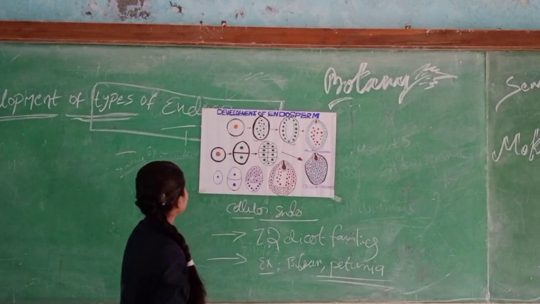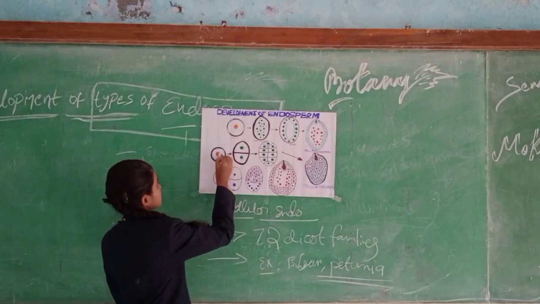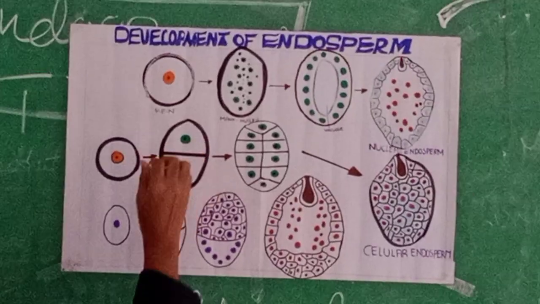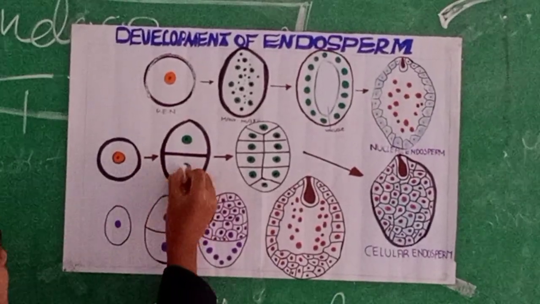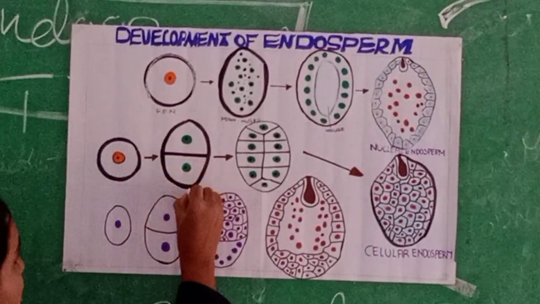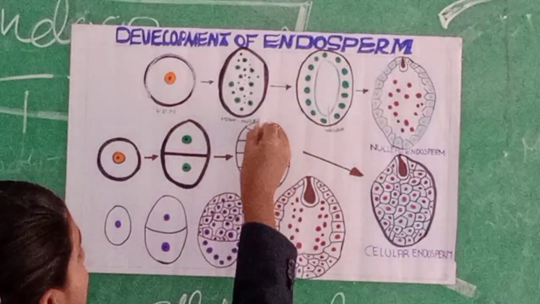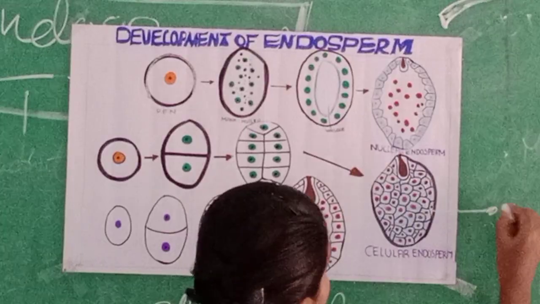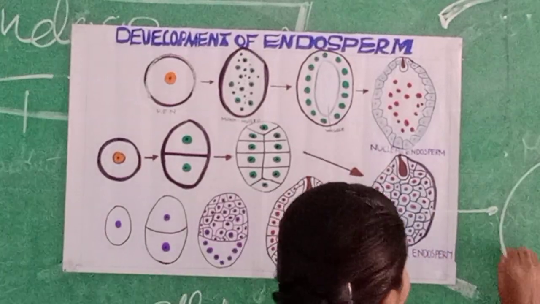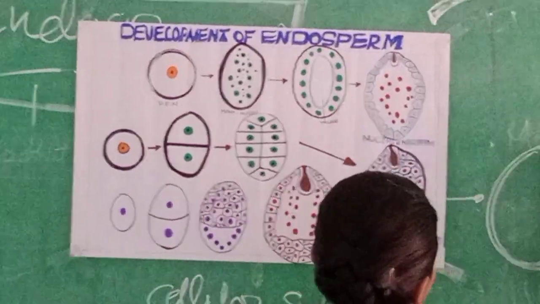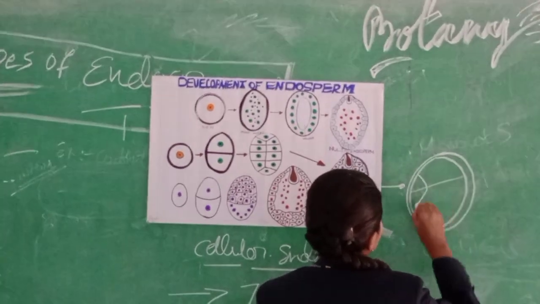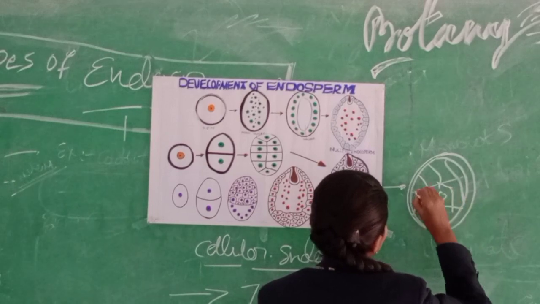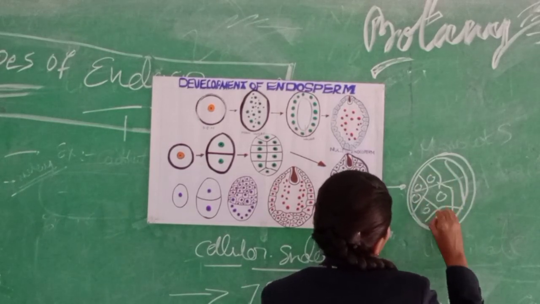Now what happens in the cellular type? There is a primary endosperm nucleus which undergoes free nuclear divisions, followed by cell wall formation, and further forms cellular endosperm. See, this is cellular endosperm, followed by cell wall formation.